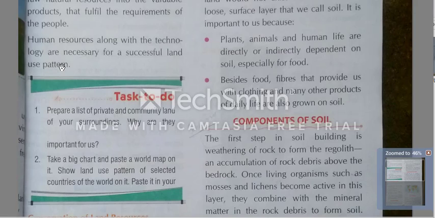Through the technology, people utilize the land according to their needs for many purposes. Technology is very necessary. Technology plays a good part for using the land. Clear?